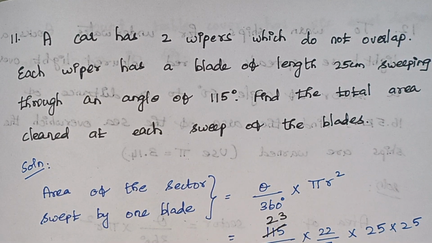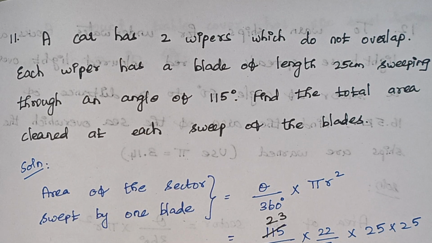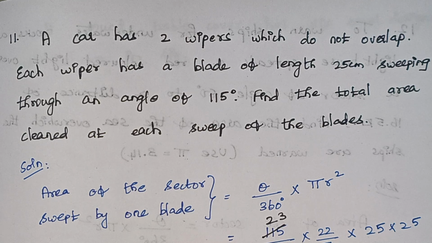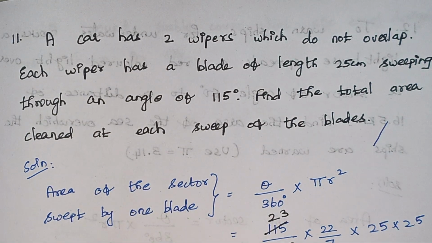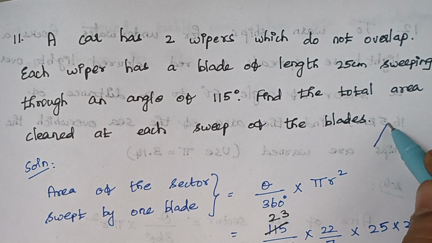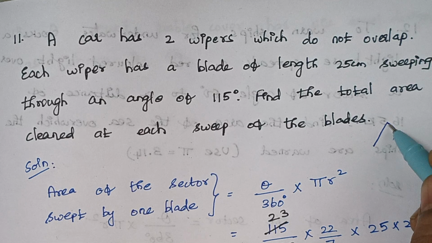Right. So here in this case, again the wiper is fixed at one end, right? And whenever it is turned on, it will move front and back and it will clean some area. So this is your wiper, and when it is turned on, it will move over here and it will again go back.